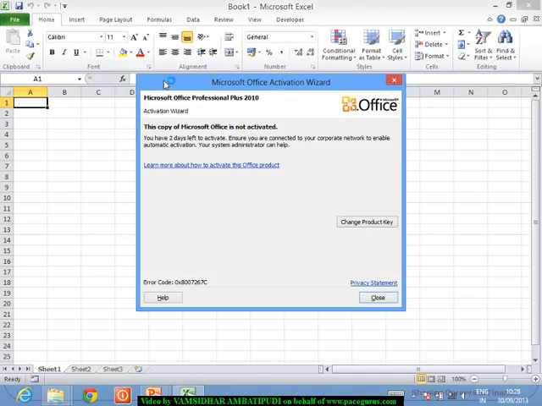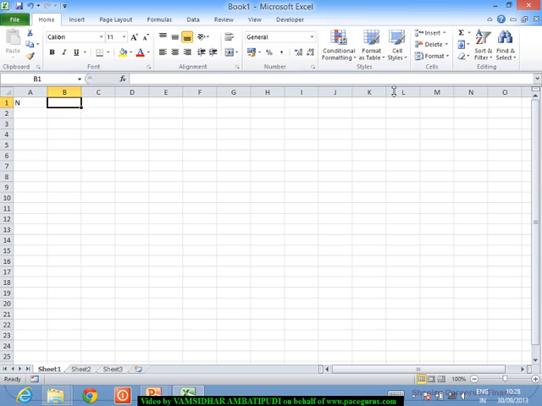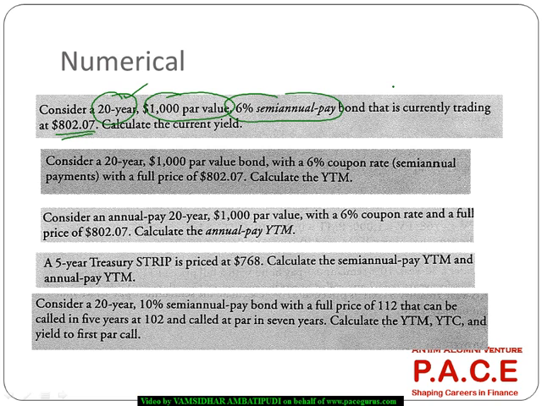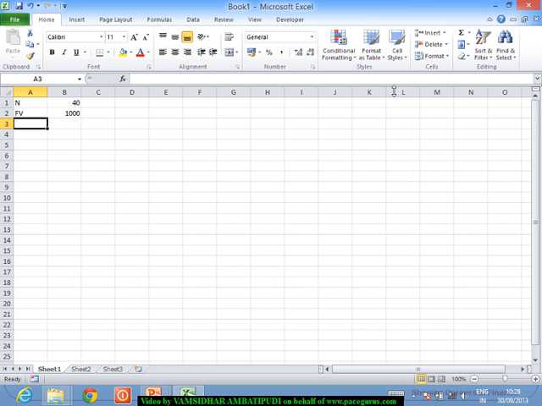Okay, 40 semi-annual. So N for me is going to be 40. 1000 par value, so future value is going to be 1000. And 6% of 1000, which is 60, is on an annual basis.